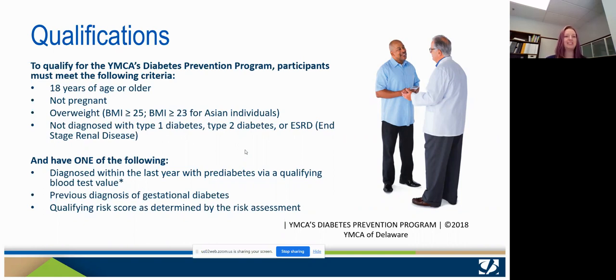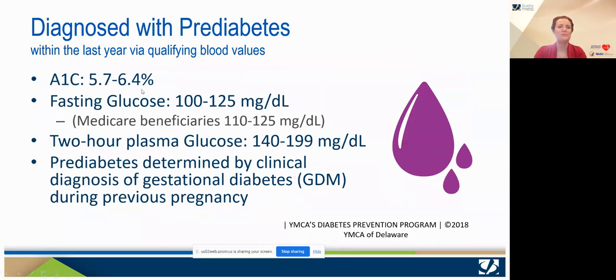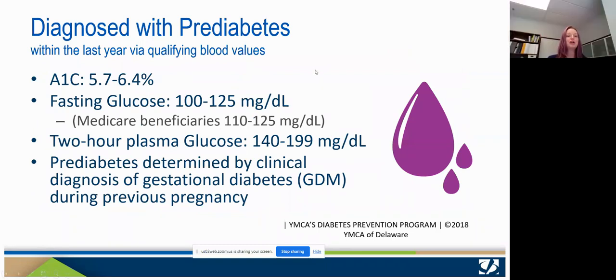I'm just going to recap these again because I know we've seen them once already. We're looking for an A1C value of 5.7 to 6.4. The fasting glucose is 110 to 125.